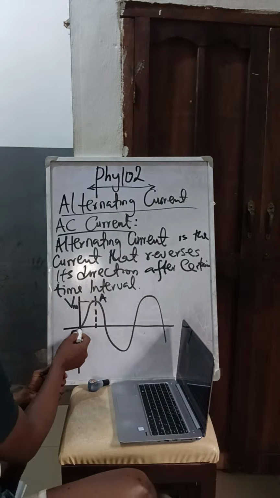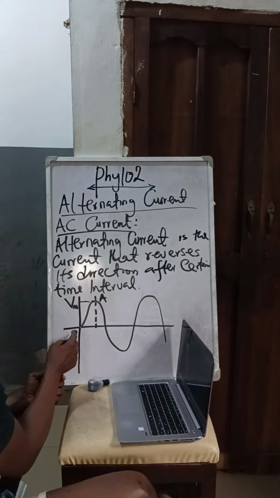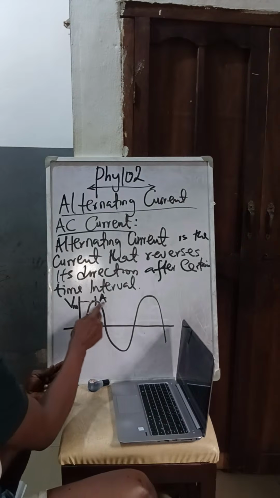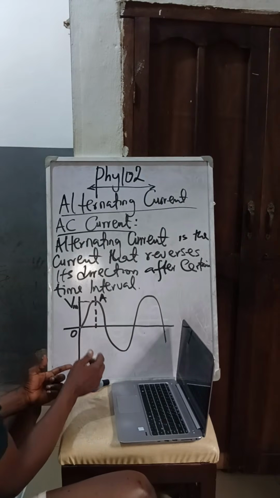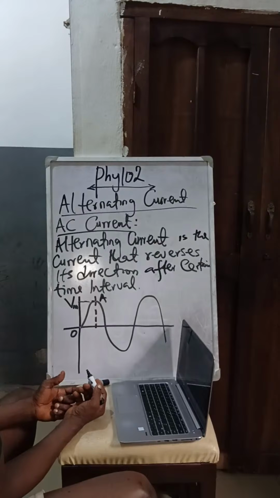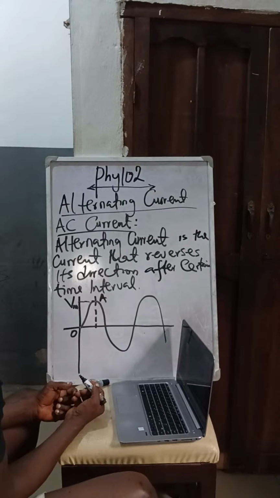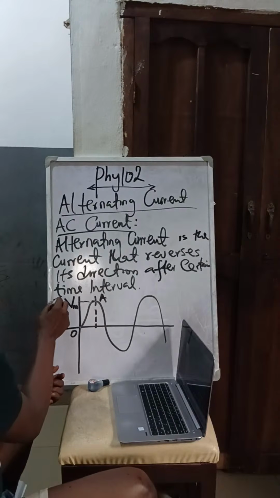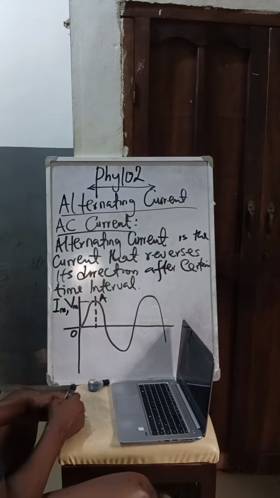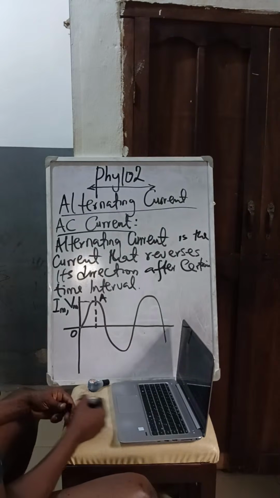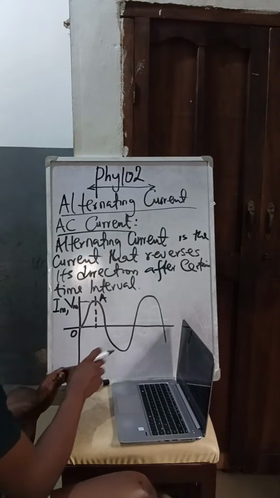Now, from here, this is 0. Sine 0 is 0. Okay, this thing now is formed using sine function. So, either you see it as Im or I see it as Vm. Okay, now what you can see right now is sinusoidal waveform.